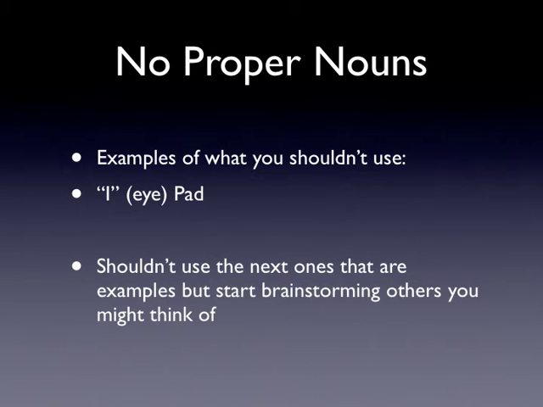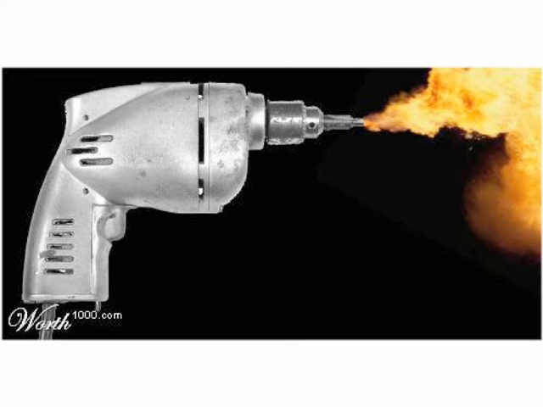The thing that you should know about the next couple that are coming up is it's just to help you get you brainstorming and to help you think of others, but please don't use this in your list that you'll brainstorm later.